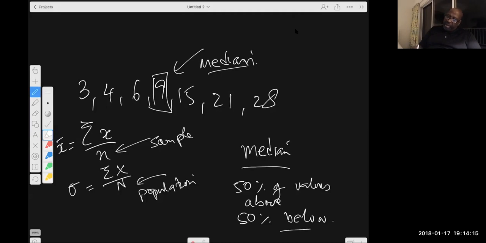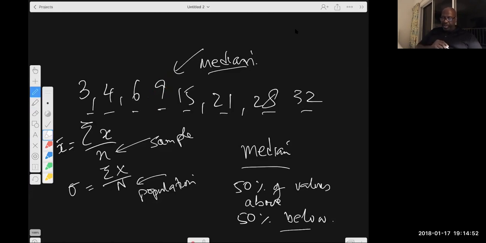If I made that 32, and let's erase this little section right here. So now I have 8 numbers: 1, 2, 3, 4, 5, 6, 7, 8.